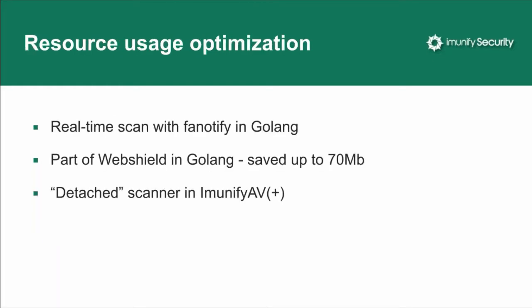So let's start with resource usage optimization. What we've done is we re-implemented part of our components in Golang. Initially they were written in Python, but we realized that it's not that efficient because they consume a lot of resources, a lot of memory, and we want to make our product efficient and effective, and that's why we decided to re-implement part of them.